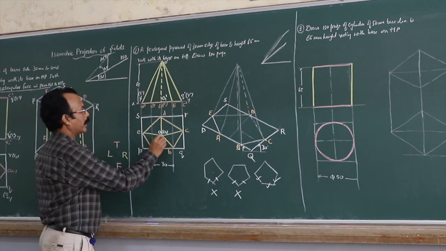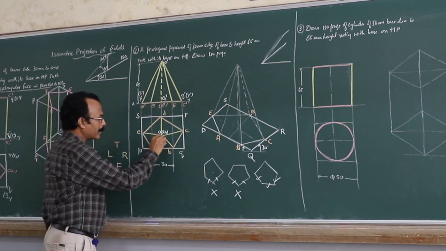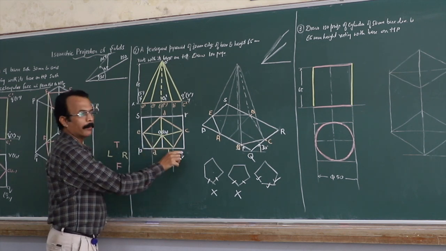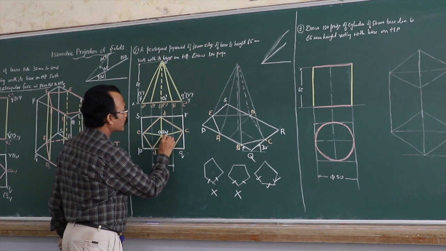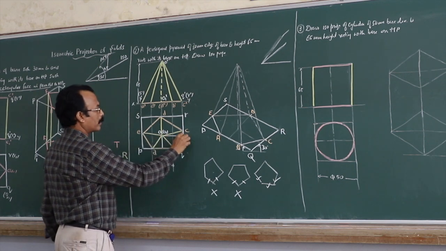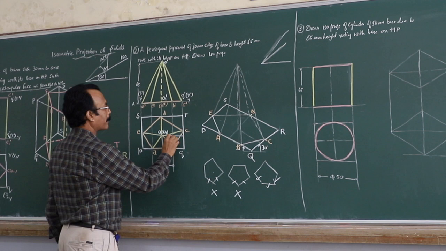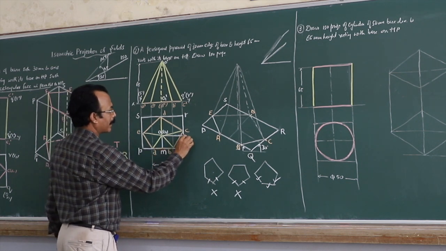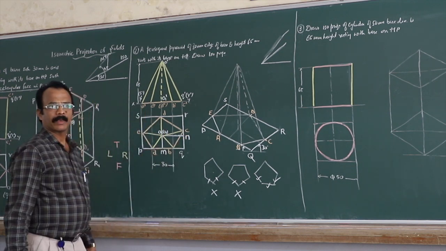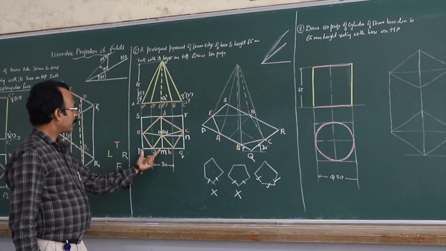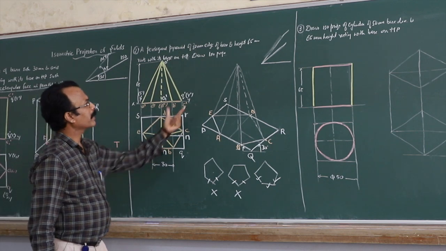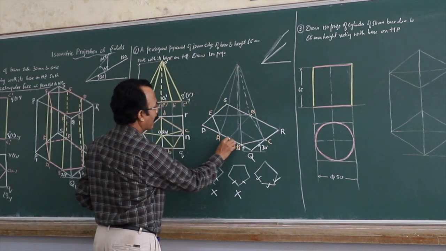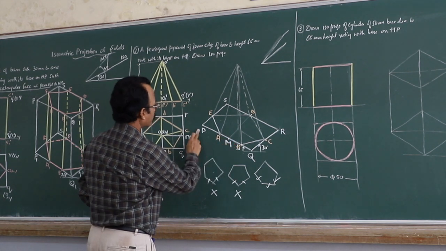So what we will do here is, you drop a perpendicular from this O1 to this PQ and you draw a horizontal from this O1 to this QR perpendicular. I can call these 2 points M and N. Now take this distance PM, get it converted, and from P you mark this point M here, right?